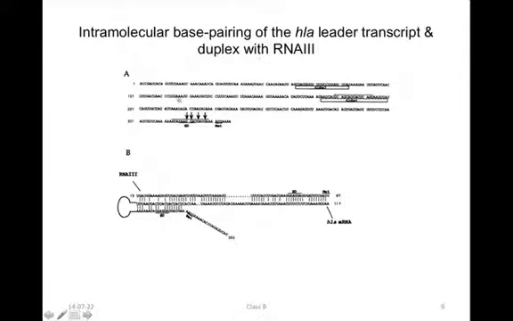So the next slide, they show the sequence of HLA and the Shine-Dalgarno region. The Shine-Dalgarno region of HLA is shown here, and that region base pairs with itself, so it forms this hairpin loop.